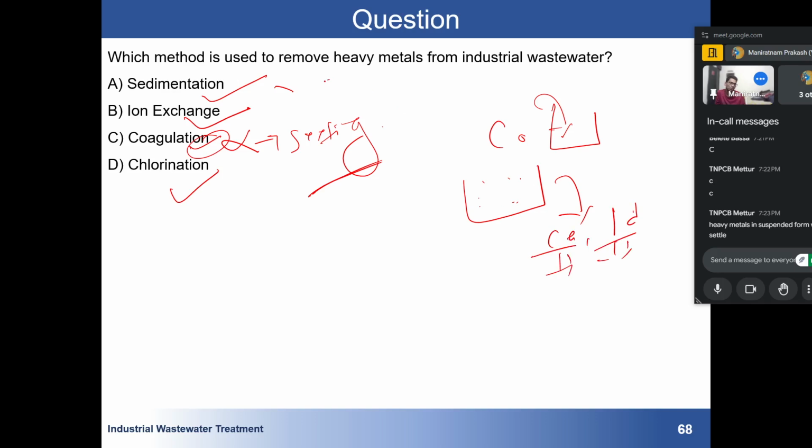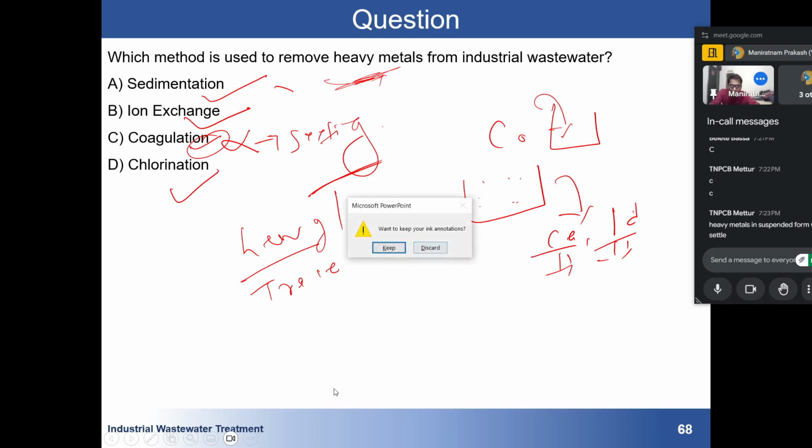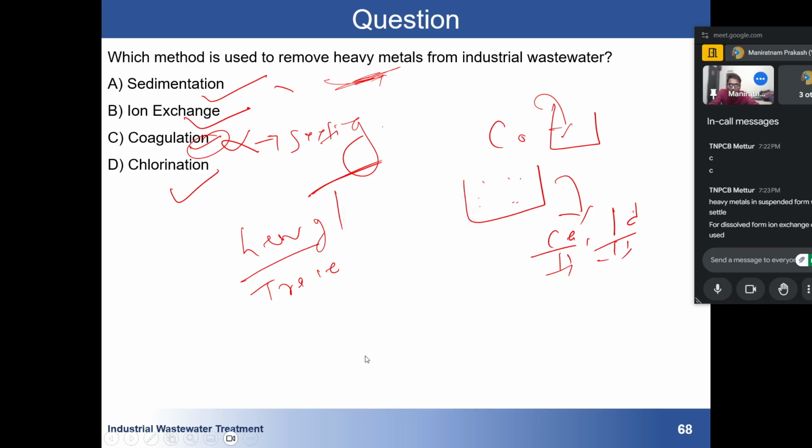Heavy metals, sometimes also known as trace heavy metals, are so called due to their molecular weight. Okay? See, I will show you the periodic table.